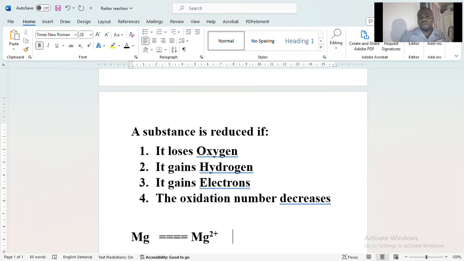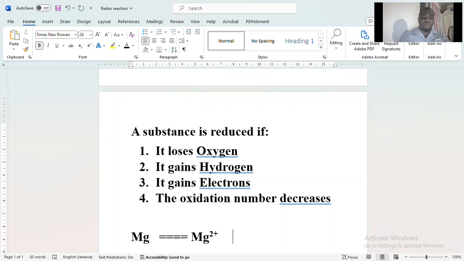So one of the rules in terms of dealing with oxidation number, later on we'll look at it, is that if you know the monoatomic ion, then the valency will help you to determine the oxidation number. So for magnesium, the oxidation state or number of the ion would be +2.